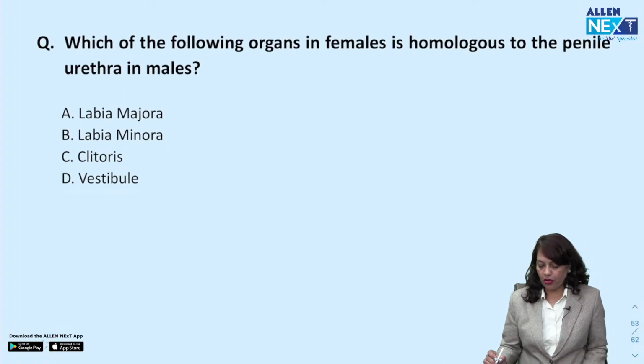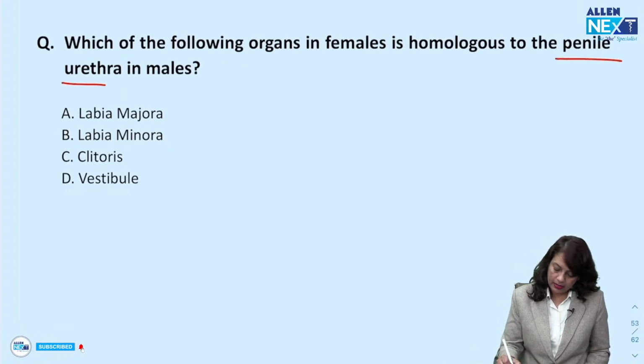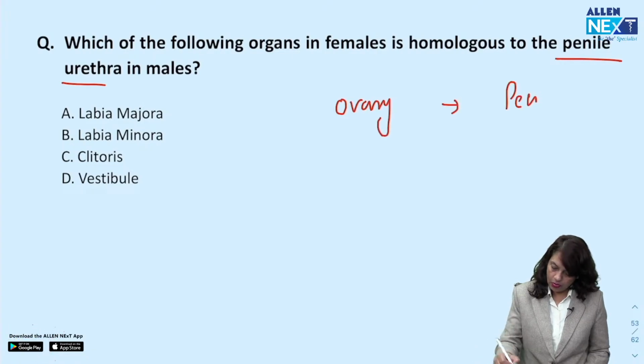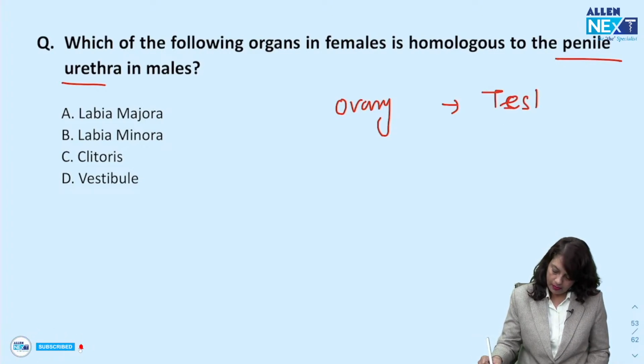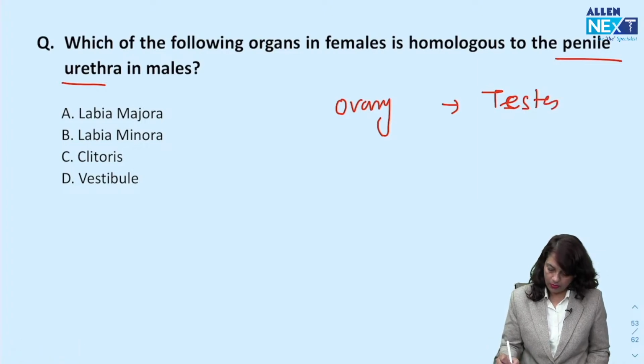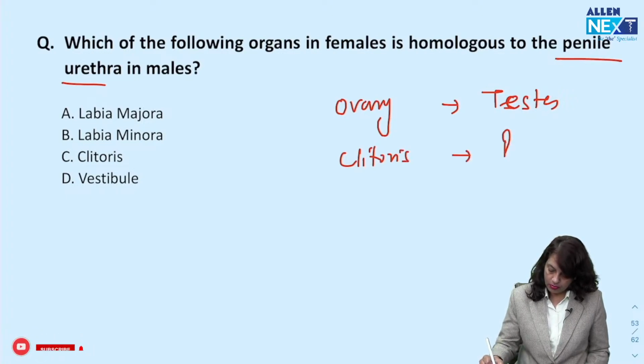Next, which of the following organs in the female is homologous to the penile urethra? Like, ovary is homologous to testis. Clitoris is homologous to penis.